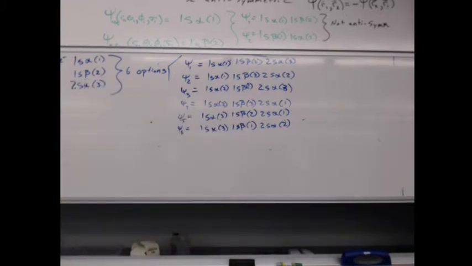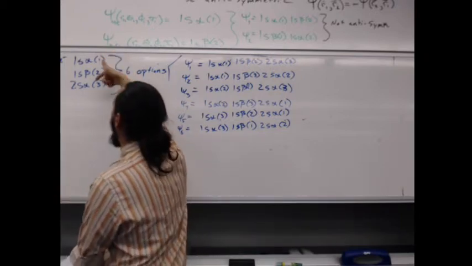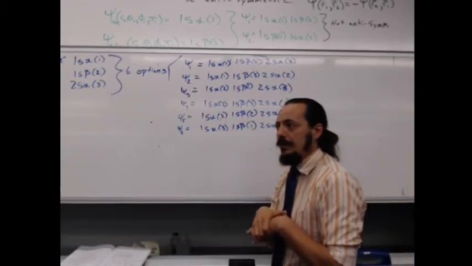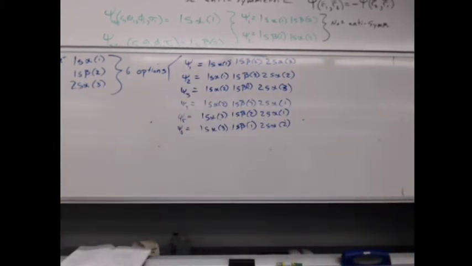So all we've done is we've taken our 3 electrons that we want to consider, and we've said we can just take them and change the 1, 2, 3. I can multiply them together. I can get all these options. Now here's the catch. Yes, question.